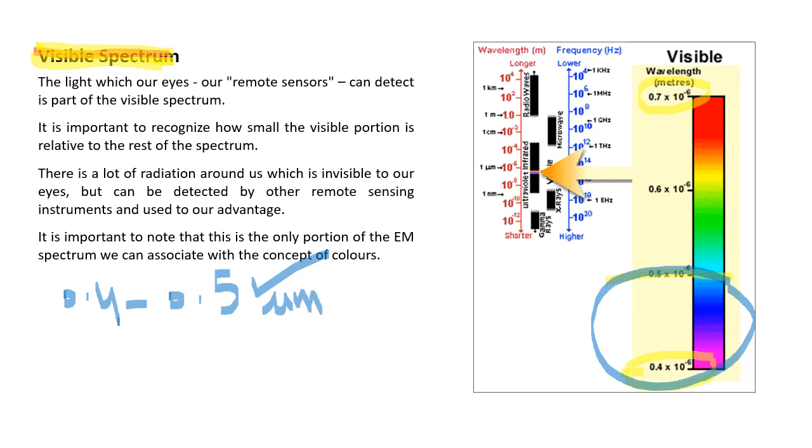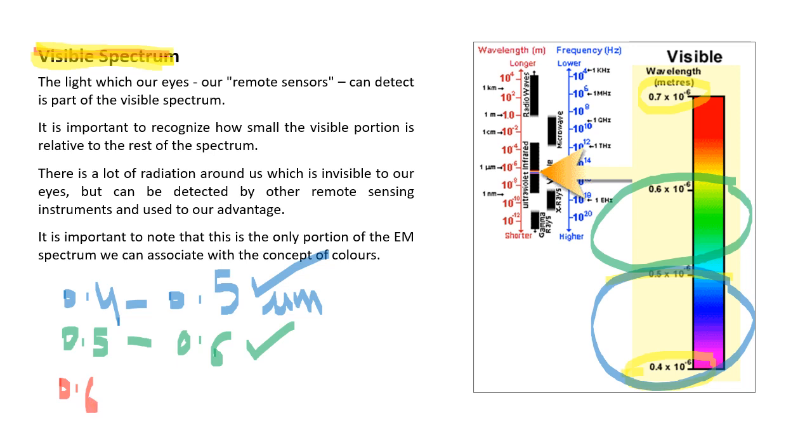Now come to the green. Green is 0.5 to 0.6 micrometer, the green energy here. The next, 0.6 to 0.7, is the red energy.